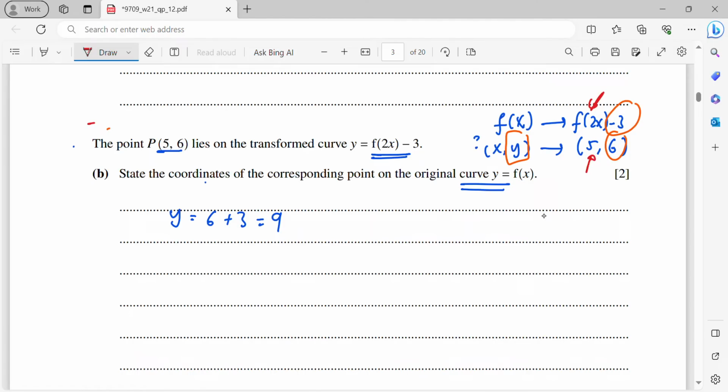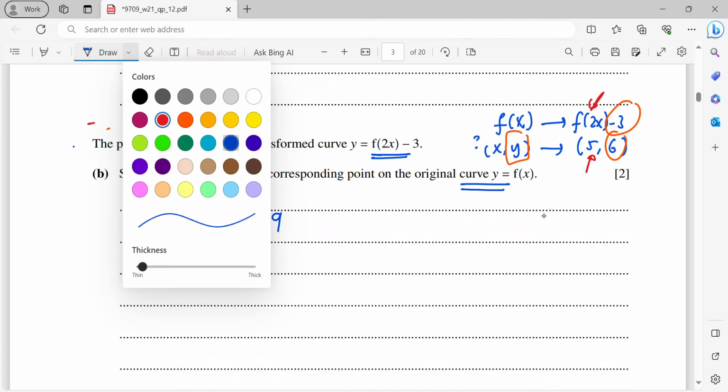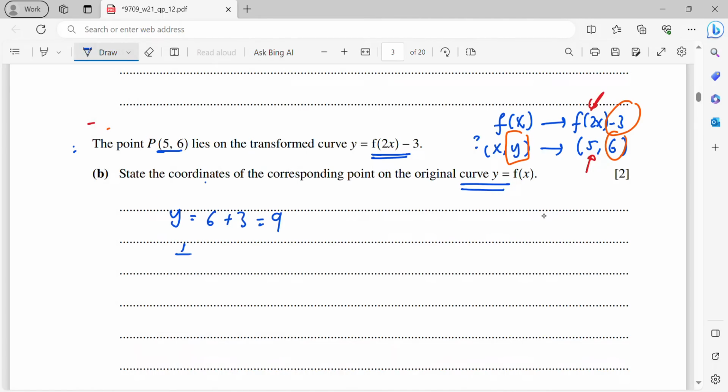Then you'll be getting half x equals 5 because the scale factor is half. Therefore, from here, my original x will be 10. Alright? Therefore, the point on y equals f(x) has coordinates (10, 9). Okay, so done for part B.